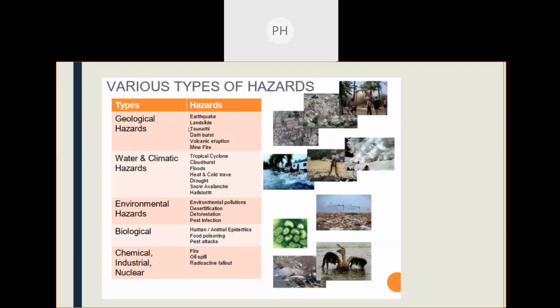The basic difference between a hazard and a disaster is that a hazard, supposedly a natural hazard, is purely a natural event, and the hazard has a probability of occurrence, and the magnitude of the hazard can be measured by indicators. There may be various indicators with which you can measure the magnitude of a hazard.